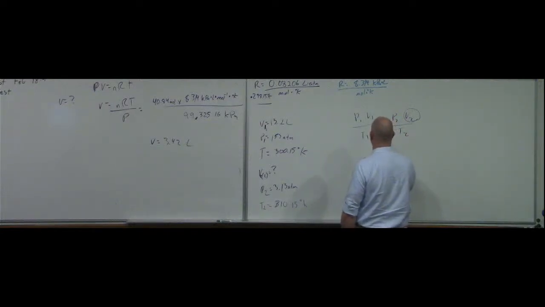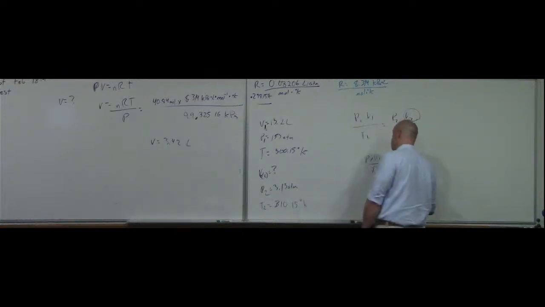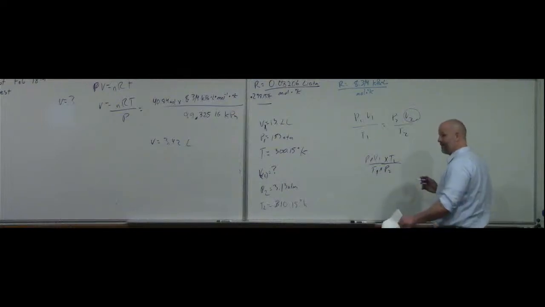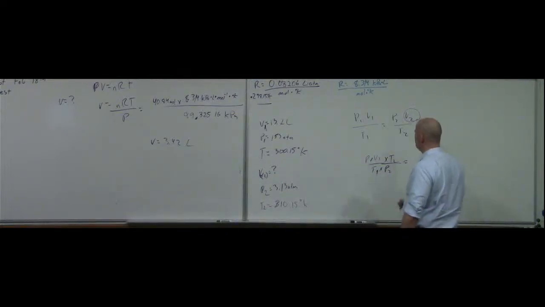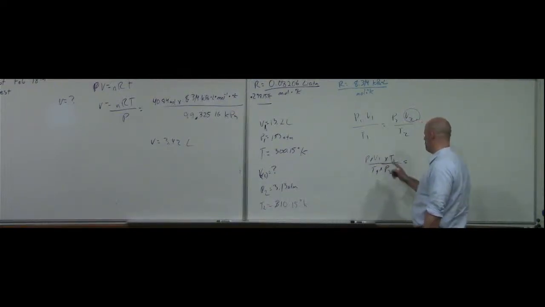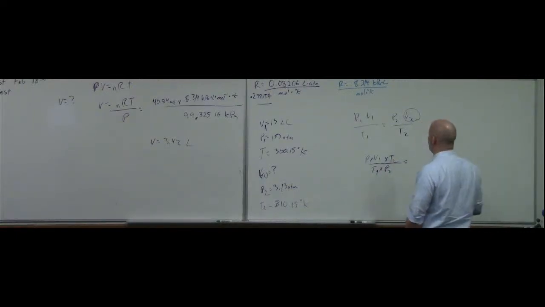Okay, so I've got P1 V1 over T1, right? I need to multiply it by T2. I need to divide it by P2. So P1, V1, T2 divided by T1, P2 will give me V2, right?